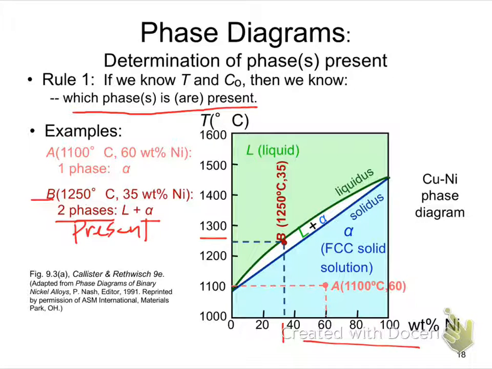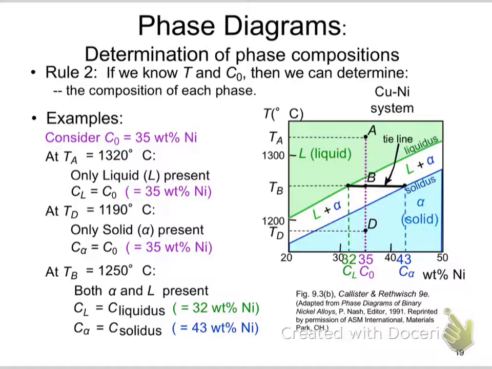Okay, so rule 1, if we know the temperature and the concentration, then we know which phases are present. Let's look at rule 2. Rule 2 says, if we know temperature and concentration, then we can not only know which ones are present, but we can determine the composition of each phase. What? Okay, so let's look at an example. We have several points on a horizontal line, A, B, and D. All right, A and D are the easy ones.